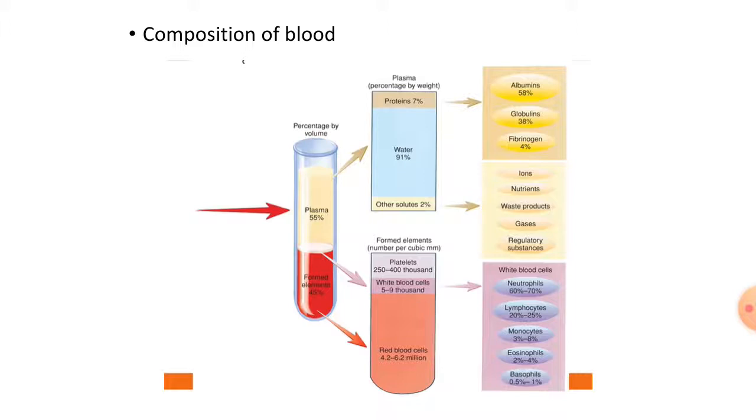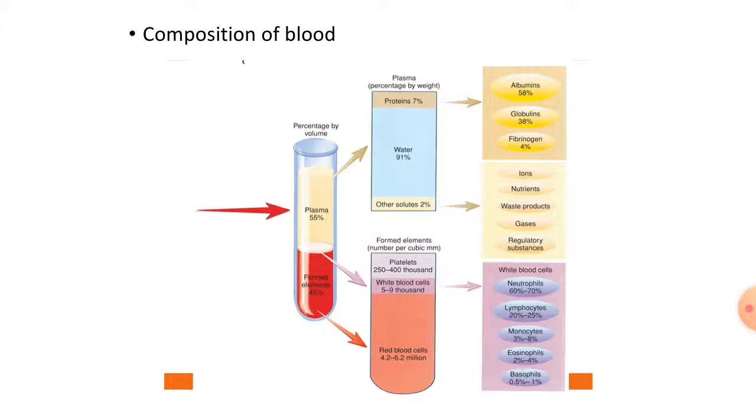The physical character of blood: as compared with water, blood is denser, more viscous, thicker than water, and it is slightly sticky. The temperature of blood is about 38 degrees centigrade, and it is slightly alkaline. The color of the blood is variable, depending on the amount of oxygen in it.